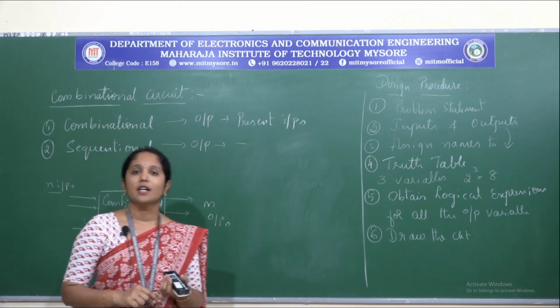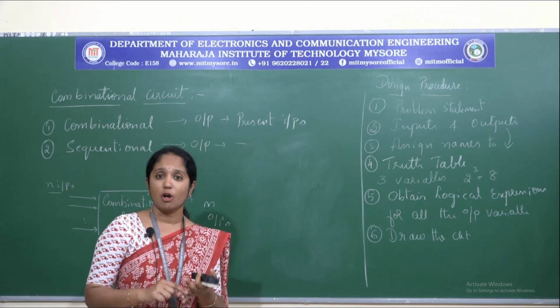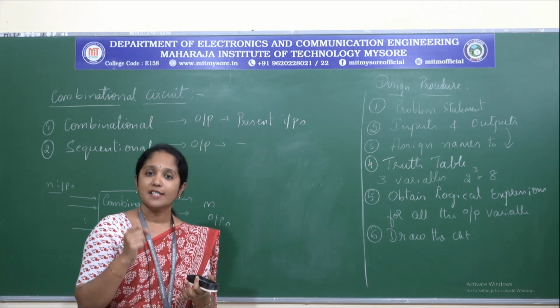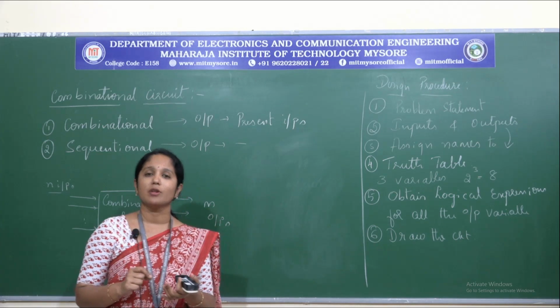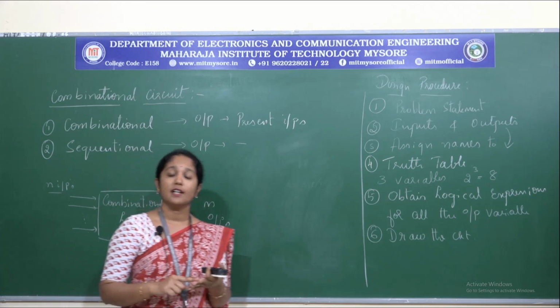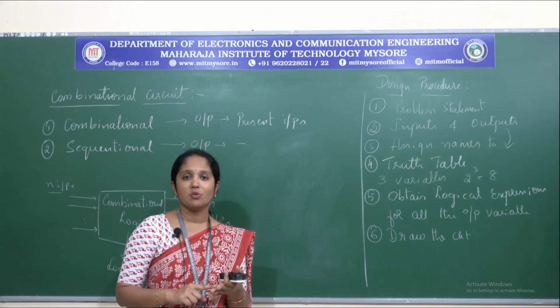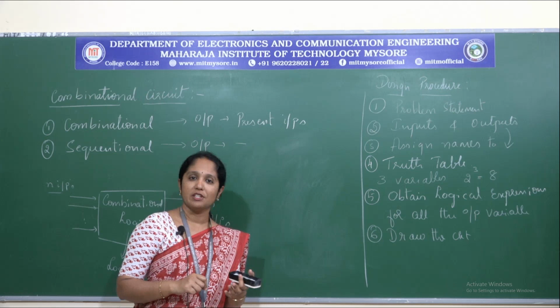After understanding what the combinational circuit is and what are the steps we follow in order to design a combinational circuit, we need to consider the design considerations we have while designing the combinational circuit.